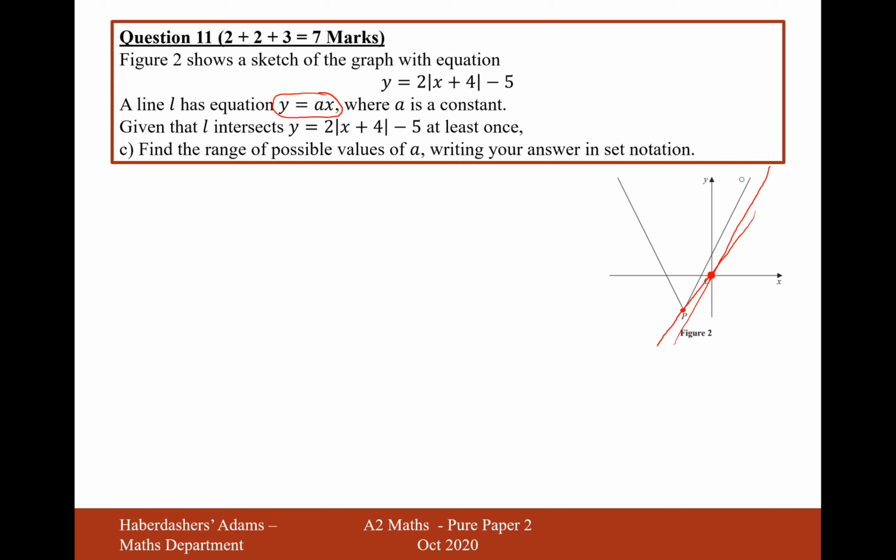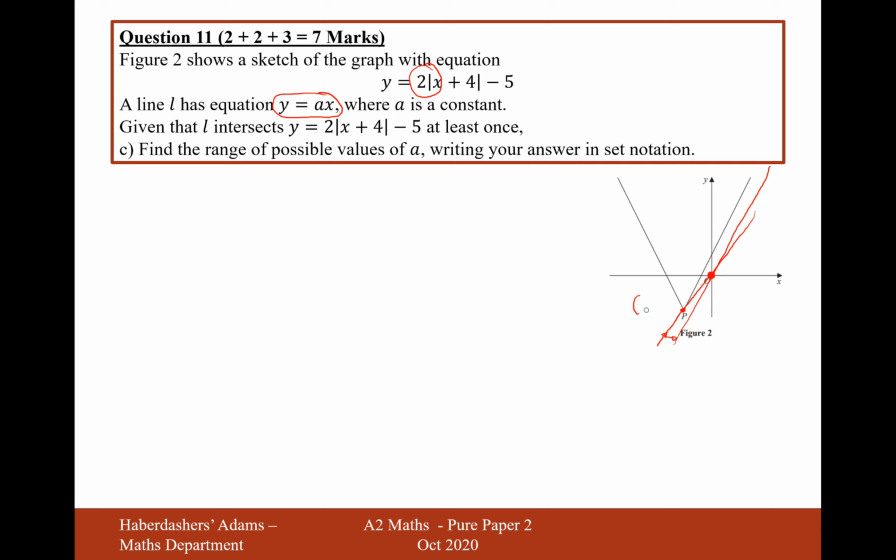Anytime that it goes greater than the gradient of 2, I'm talking about the gradient of 2 because the gradient of this graph here is 2. And then anytime it has a negative gradient, it's always going to intersect the graph at least once as well. So we're only looking in between a small range of values here.